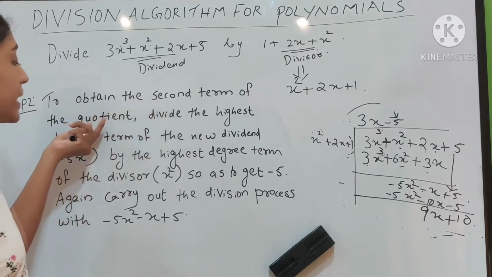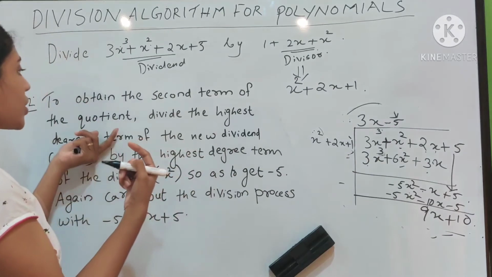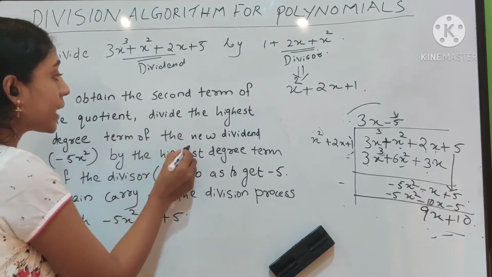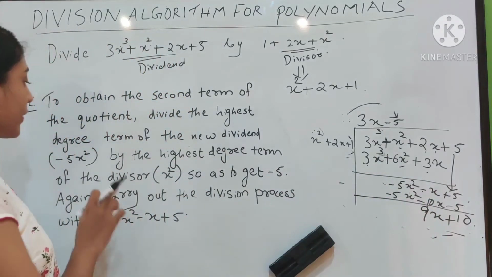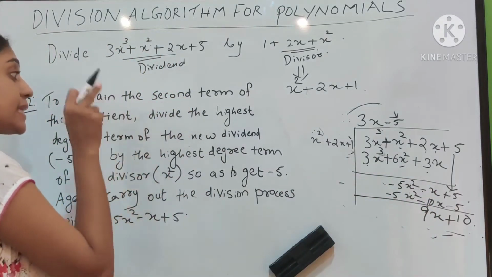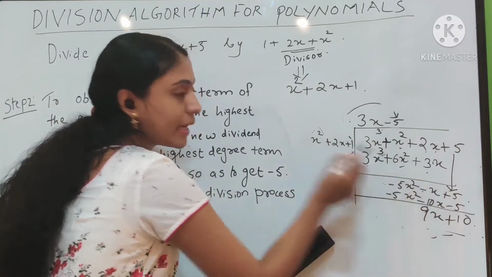To obtain the second term of the quotient, in order to obtain this minus 5, divide the highest degree term of the new dividend. Our new dividend is minus 5x square minus x plus 5, right? The highest degree term of this new dividend is minus 5x square.